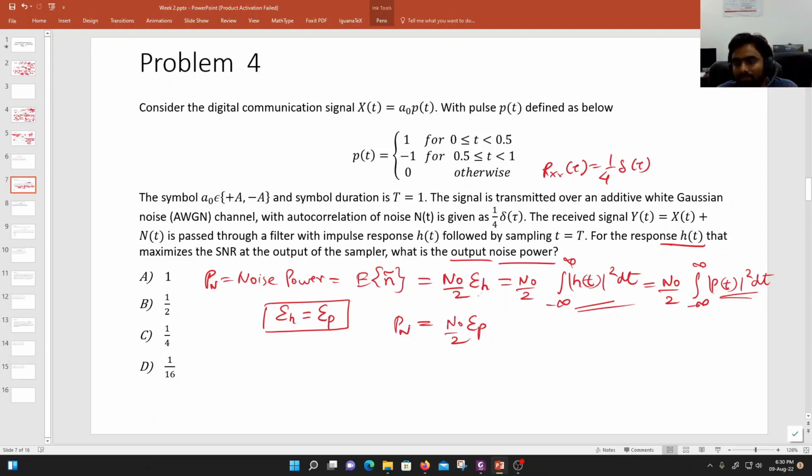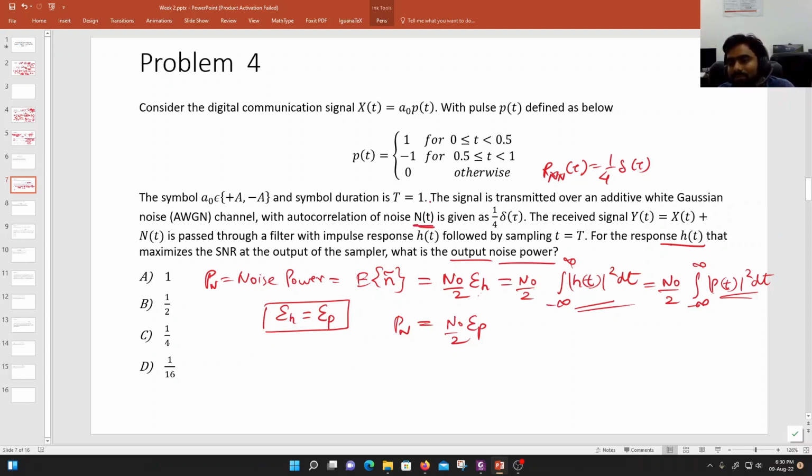The autocorrelation of noise is 1/4 delta of tau. Yes, sir. You have written Rxx, right? It should be Rnn. Oh, sorry, the notation here. Yeah, Rnn. Correct. Otherwise, the Fourier transform of the autocorrelation is the power spectral density, right? Yes. So if you take the Fourier transform of Rnn, this is the input noise, n(t).